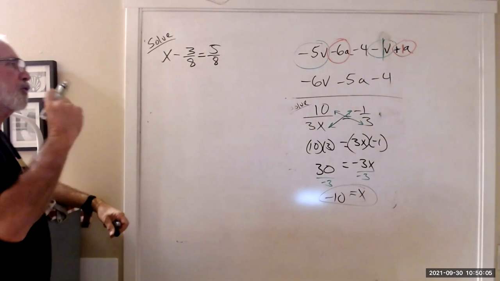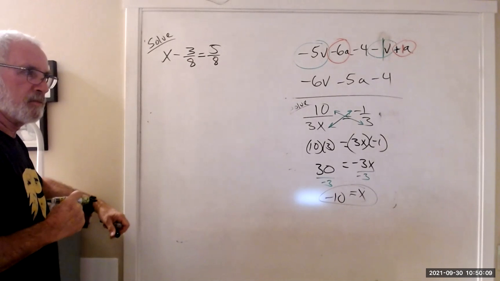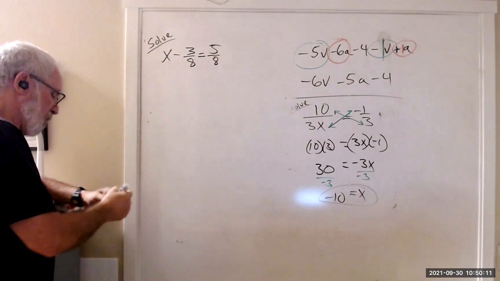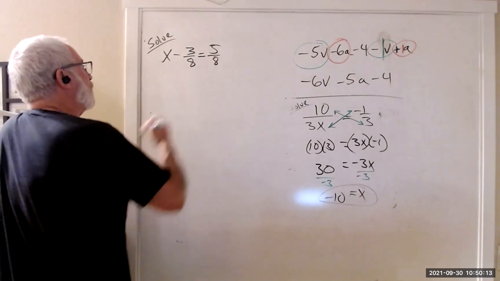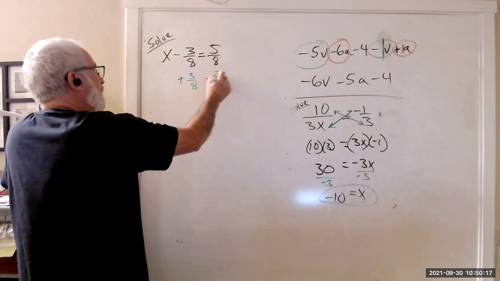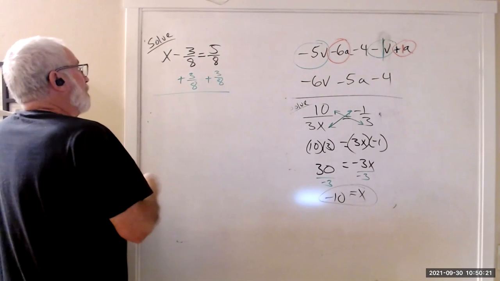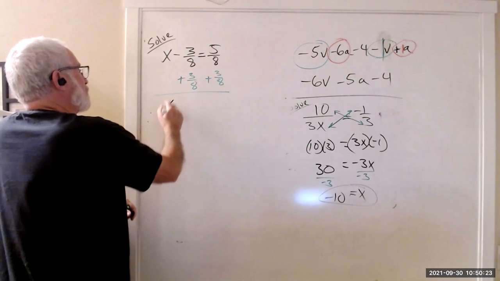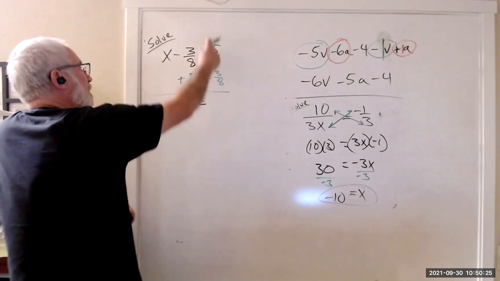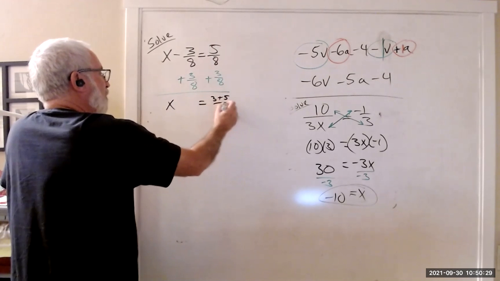There are two ways that you can do this problem. First way is, what if you add 3/8 to this side and add 3/8 to this side? Then we get x equals, all right, how do you add fractions? You go 3 plus 5/8.